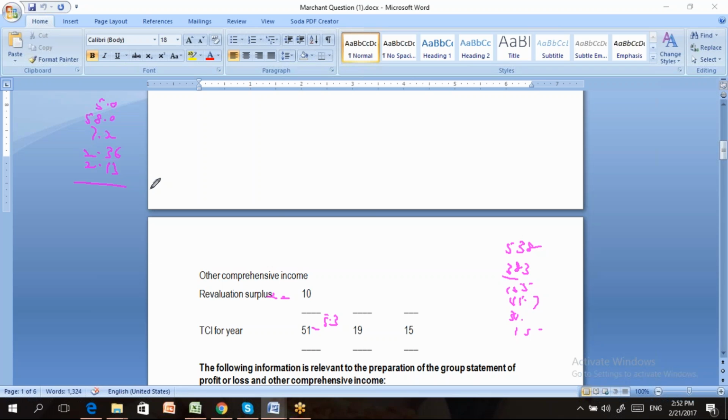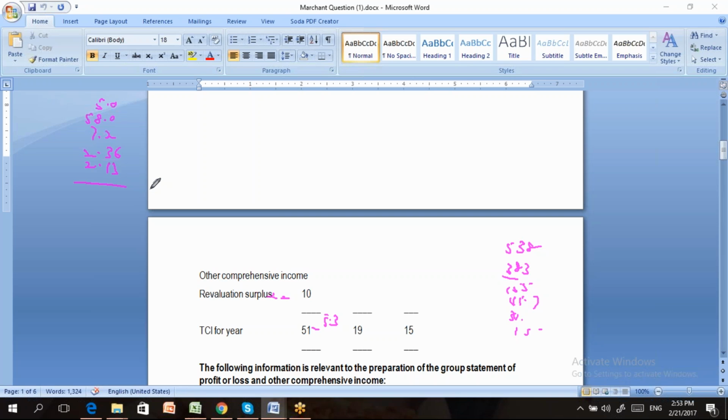So altogether, all these figures, 58 plus 5 plus 7.2 plus 2.36 plus 2.13 should give me my total other expenses. I hadn't written that on the P&L, but I think that was just where we left off. That is where we left off.